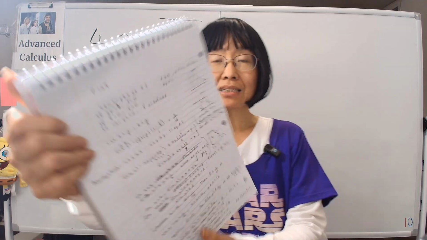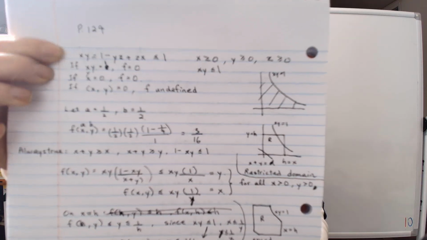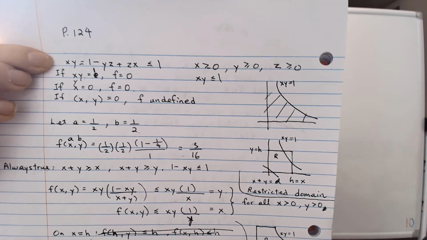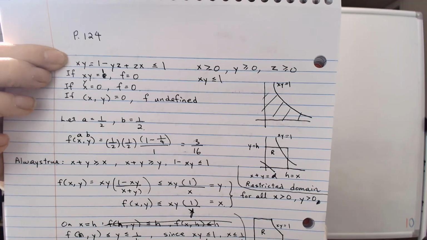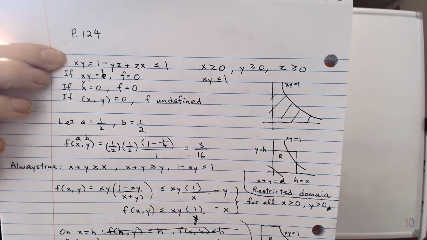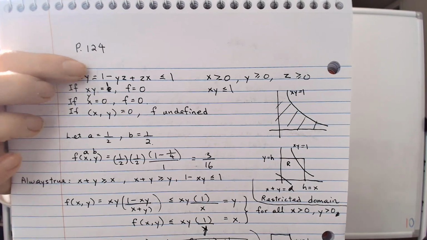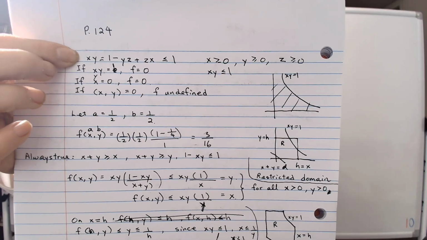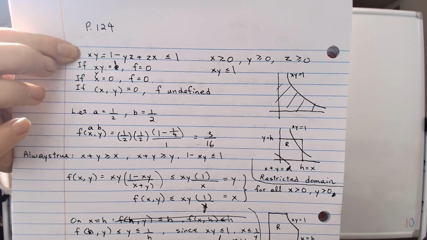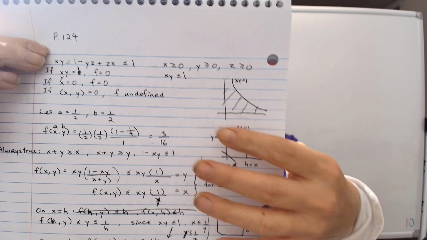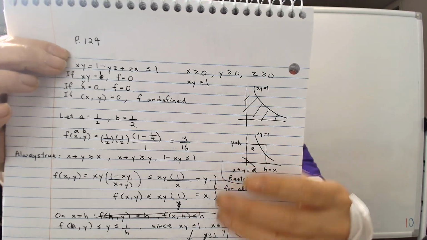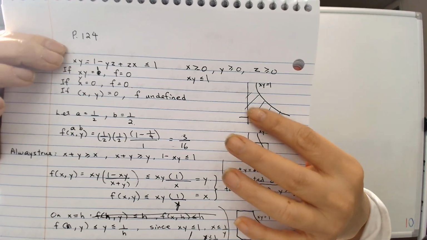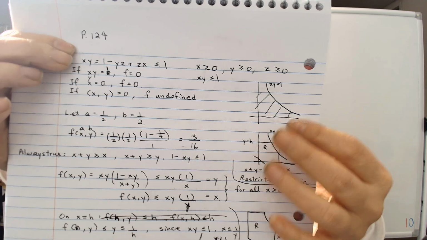The reason x times y has to be less than 1 is because if you redo the equation of the surface area, xy is 1 minus (yz + zx), which are both positive values, right? So it better be less than 1, otherwise it doesn't make any sense. In fact, when xy equals 1, the function is going to be equal to 0. See, here's the xy = 1 graph here, so our domain is in this area right here.